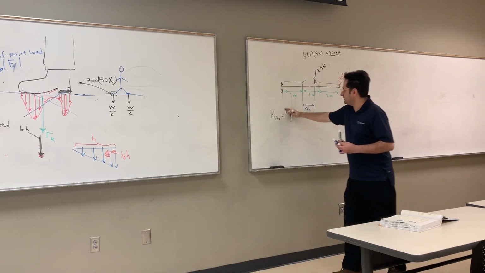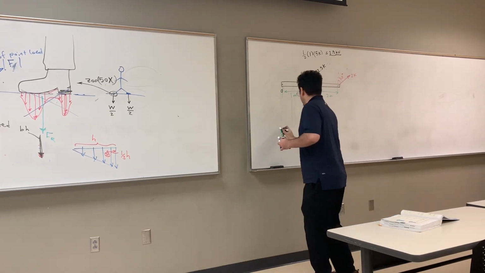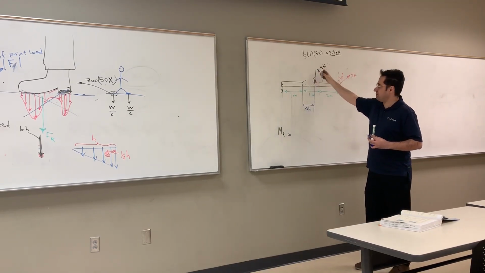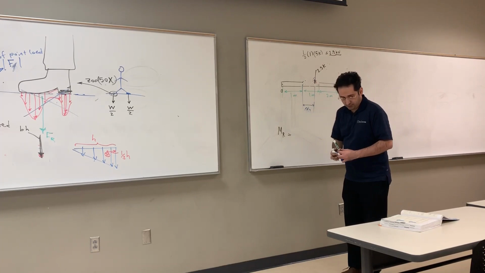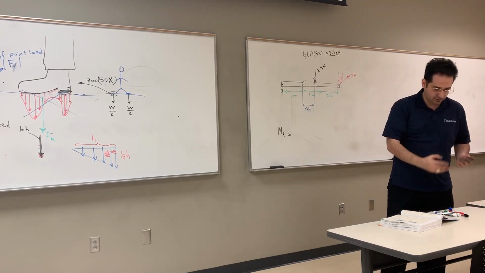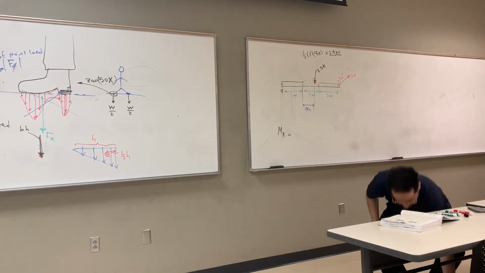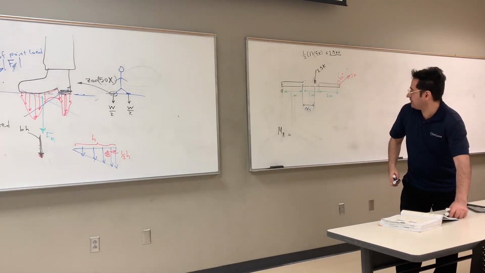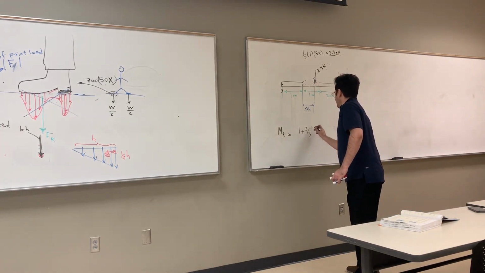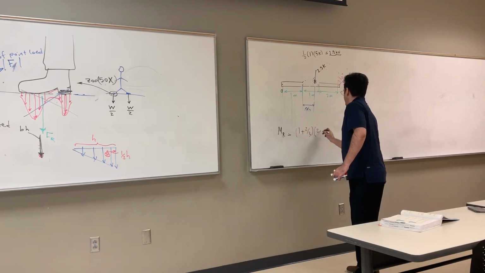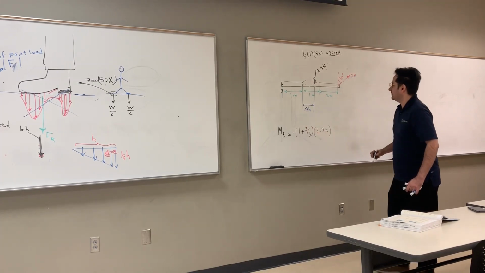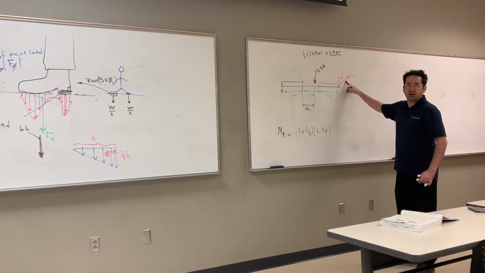So the resultant moment is M resultant equal to the moment of this, which is 1 plus 2/3, times 2.5 K. Positive or negative? Negative. Then we go to the next one.